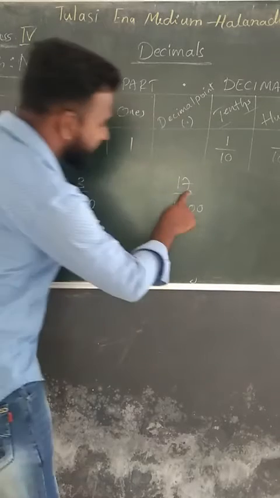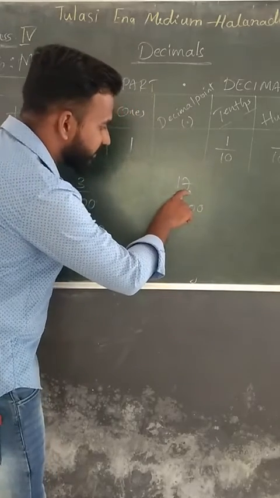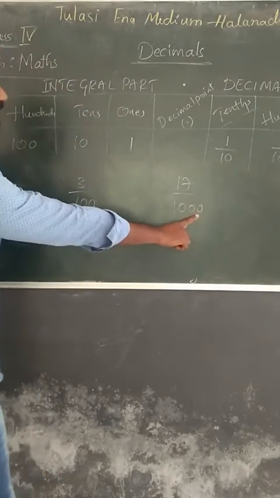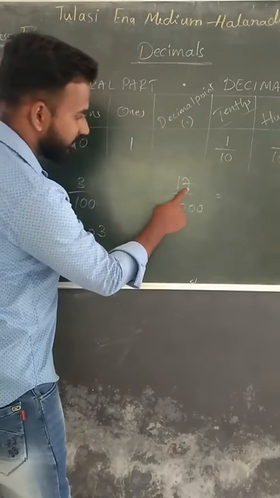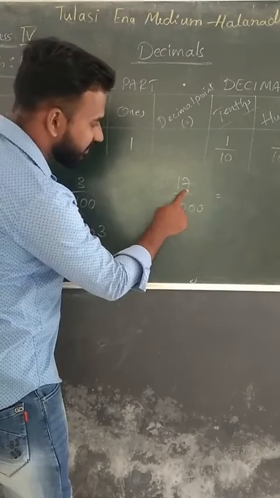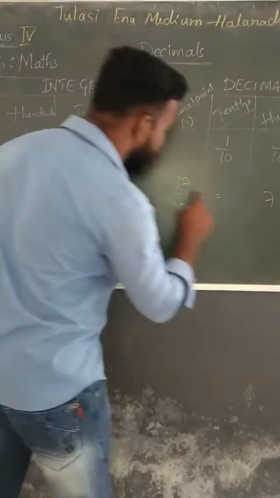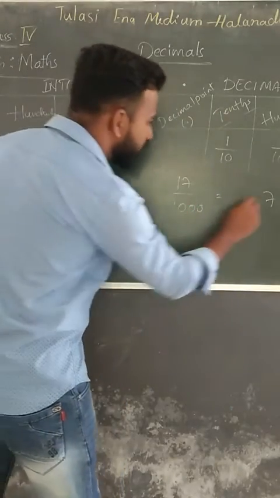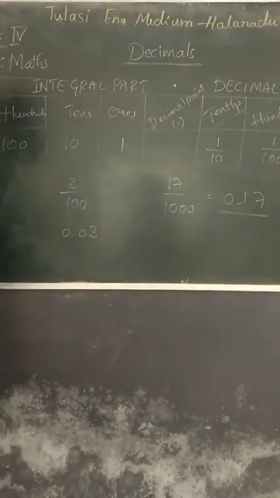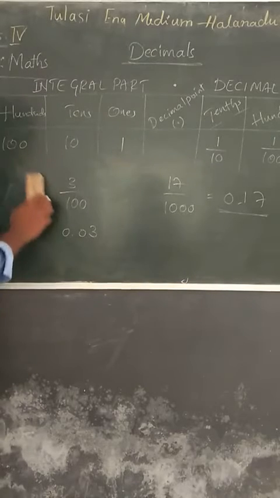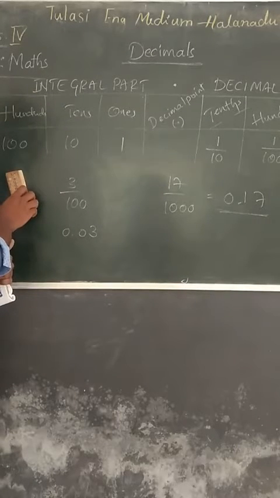For 17 by 1000, the last digit there is 7. 7 should be in the 1000th place, and 1 should be in the 10th place, so it is 0.017. Easily you can write without following those steps.